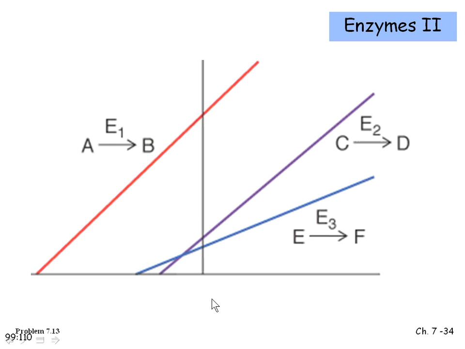It's the y-intercept. Got it, exactly. So this is 1 over the velocity, and here it is the smallest on that axis, so the biggest number. So it has the greatest Vmax. Which of these 3 enzymes has the greatest affinity?